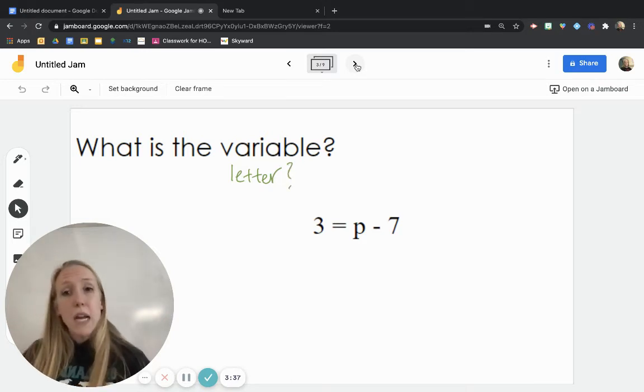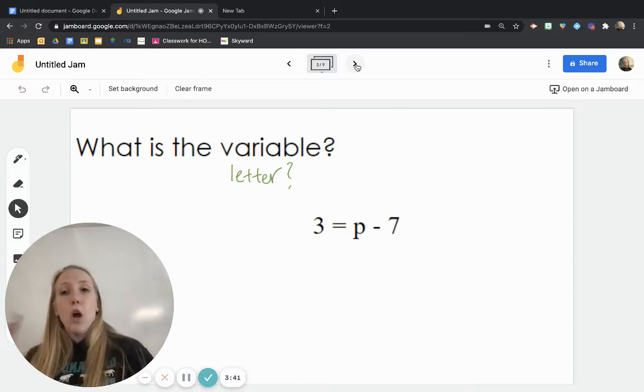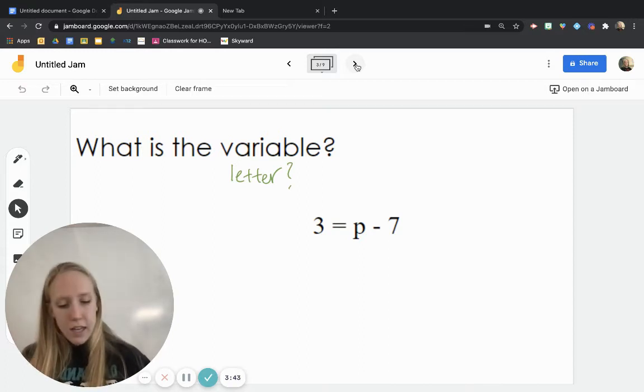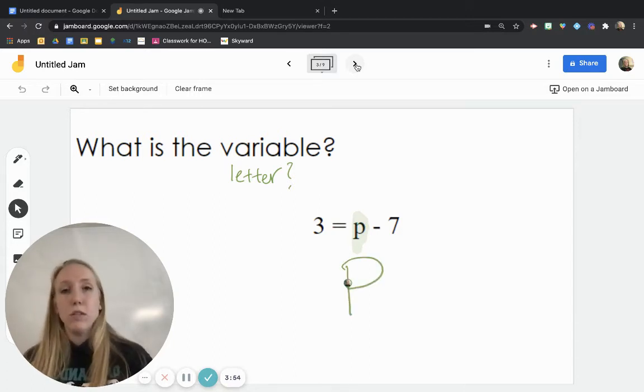I'm looking, I see a 3, I see an equal sign, I see a P, I see a minus and a 7. The one that's the letter is P. So the variable in this equation is P. Remember, variable means letter. It is P in this equation.